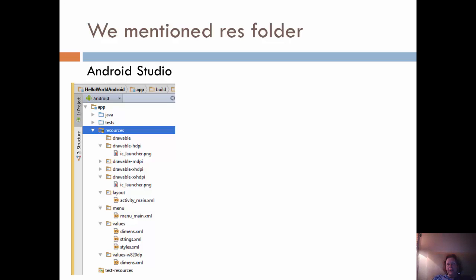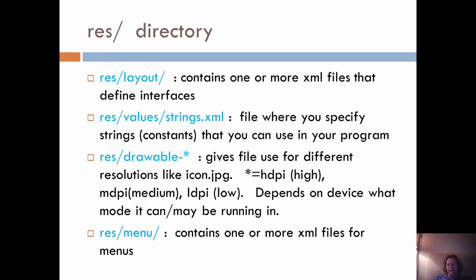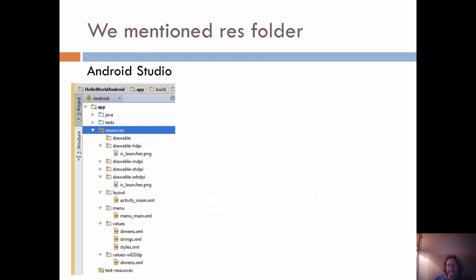So here's the resource directory again. Just a reiteration of what layout, here's strings, the drawable. Now I mentioned I would tell you a little bit about the fact that, as you can see here, we have more than one drawable folder. We have a drawable, which is the default folder. We have drawable-hdpi, mdpi, xhdpi, xxhdpi, and so on. So what that is referring to is different resolutions that your device might be running at.